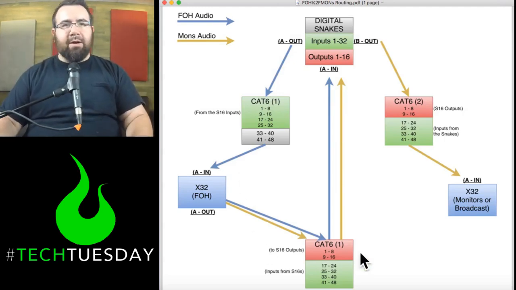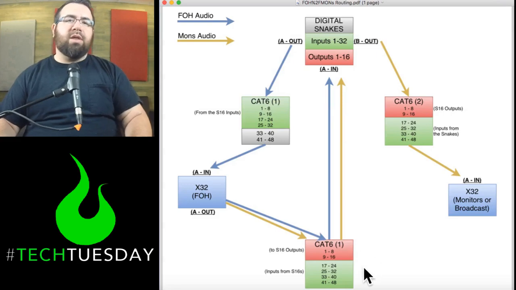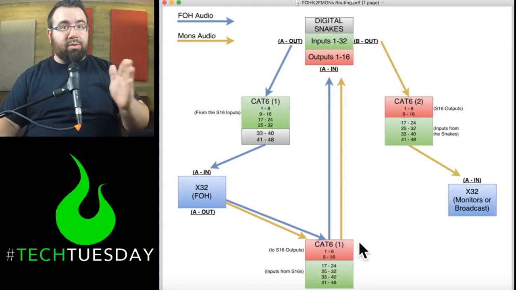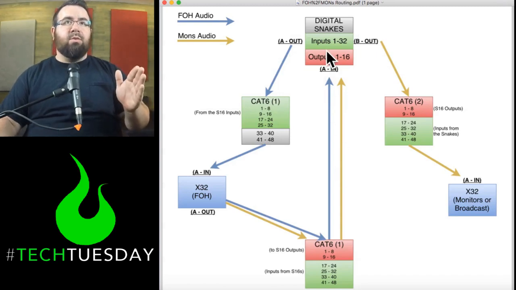So what's going to happen over here is we're going to send, as a default, outputs 1 through 16 down those 48 channels, through channels 1 through 16 to the snake.